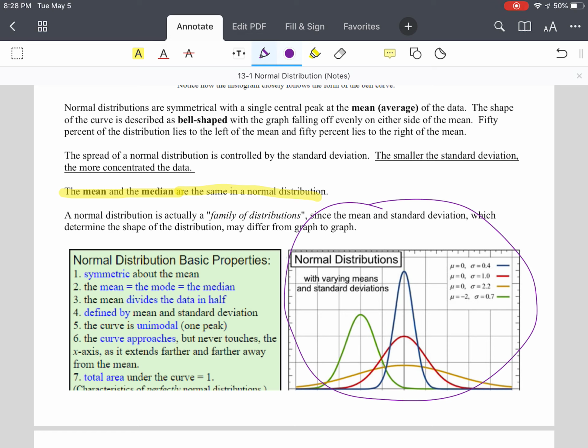Some of the peaks are higher, some of the peaks are lower. They're all normal distributions. So some basic things about normal distributions are it's symmetrical about the mean, and the median and the mode are all the same. The mean divides the data right in half. So those are some important things to keep in mind.